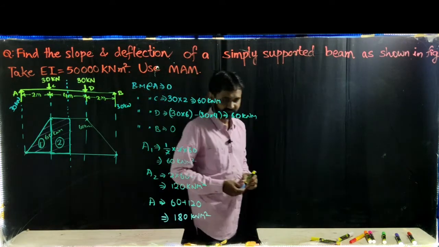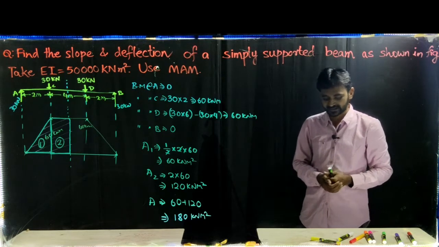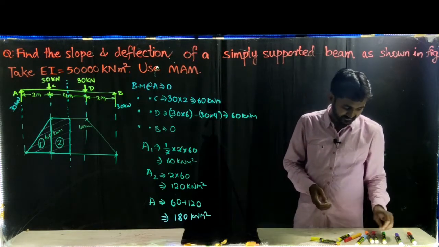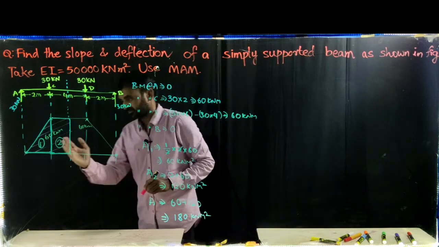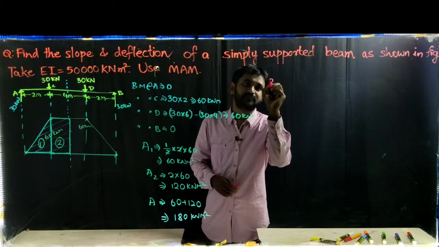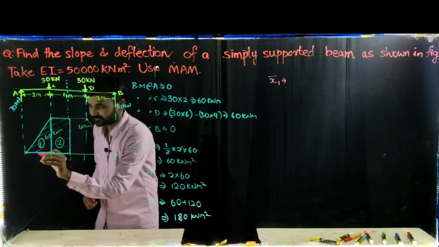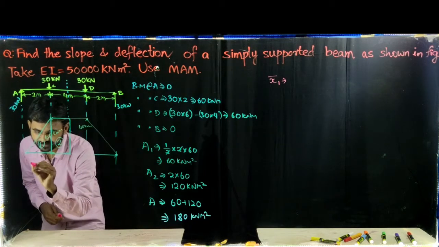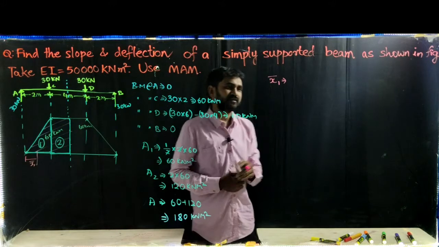Yes, you got the area. Now what you have to calculate? You have to calculate x bar of the particular figure number 1. So the same, x bar of 1. From here I'll get x1 bar. So what is x bar? 2/3 of the base.